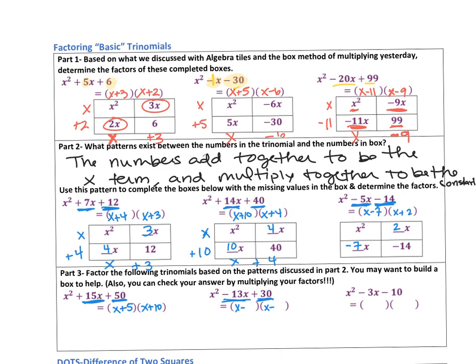I know they need to be negative, because the only way to multiply to a positive and add to a negative is if those are both negative numbers. Okay, we've got multiplying to negative 10, adding to negative 3. The only way to get a negative number when we multiply is if one's negative, one's positive.